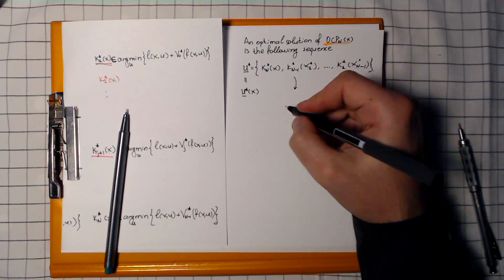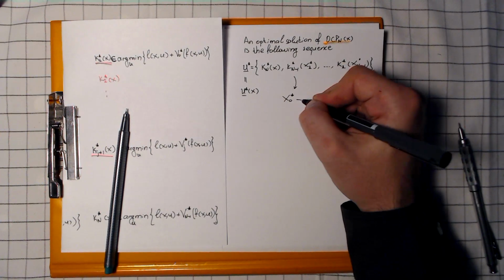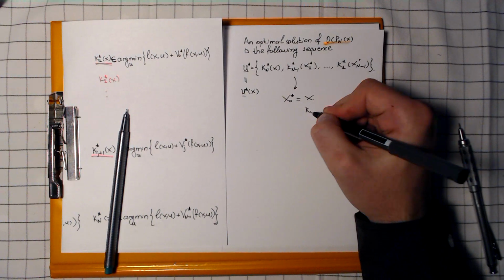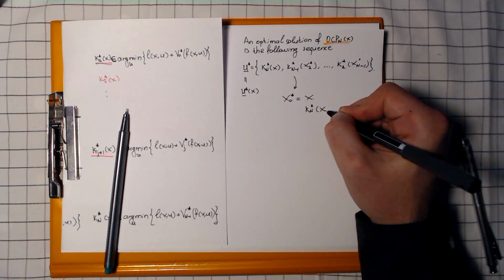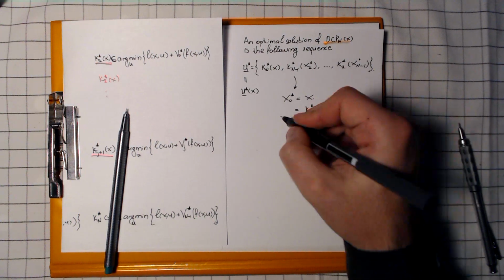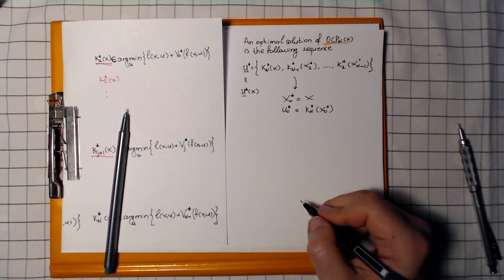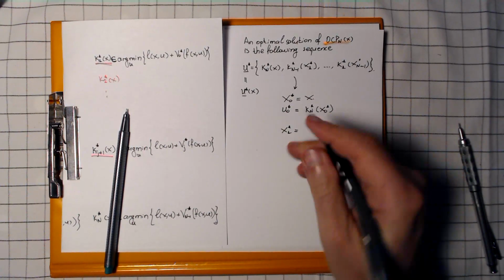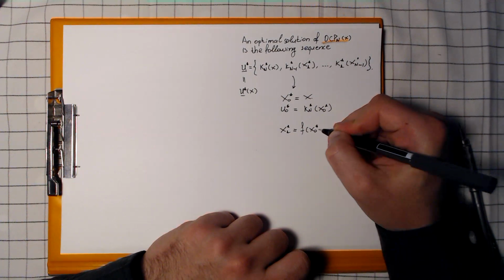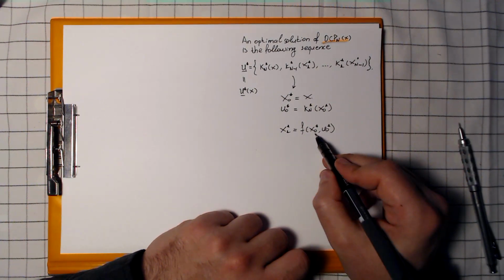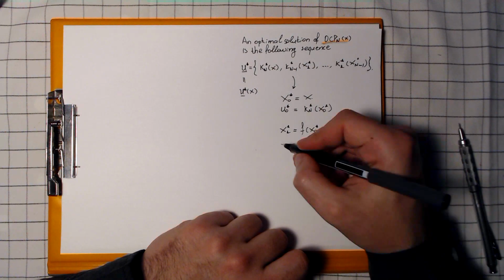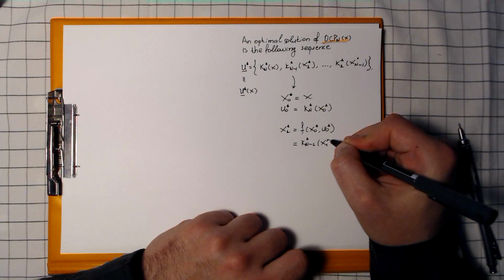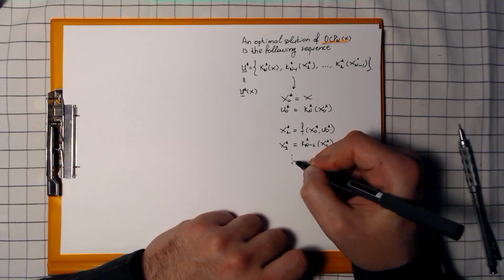Let's see how this works. We start with x0 star, which is of course x, that is the initial condition. We use kappa n star of x0 star to compute a control action u0 star. We take u0 star and apply it to the system to determine x1 star. We apply u0 star, and from x0 star we go to x1 star. At that point we use kappa n minus 1 star to produce x2 star.